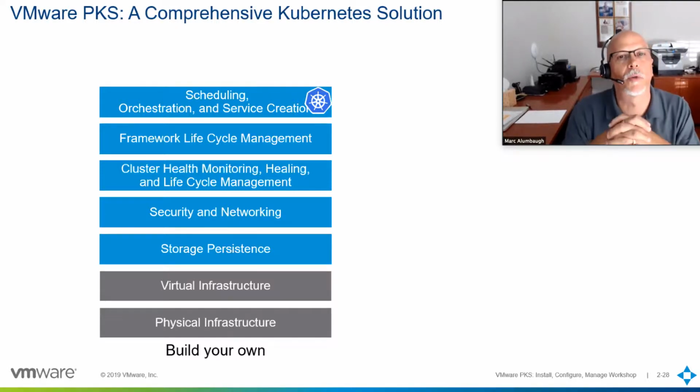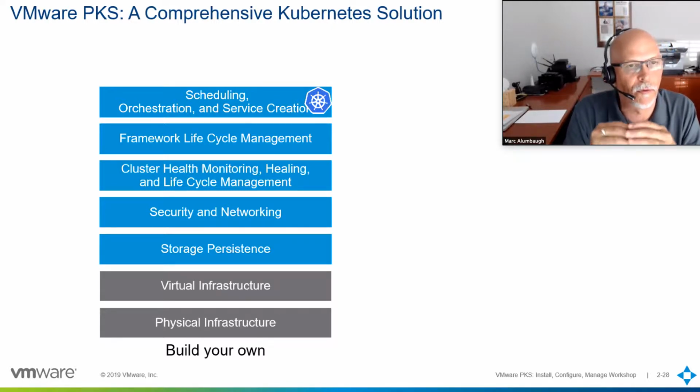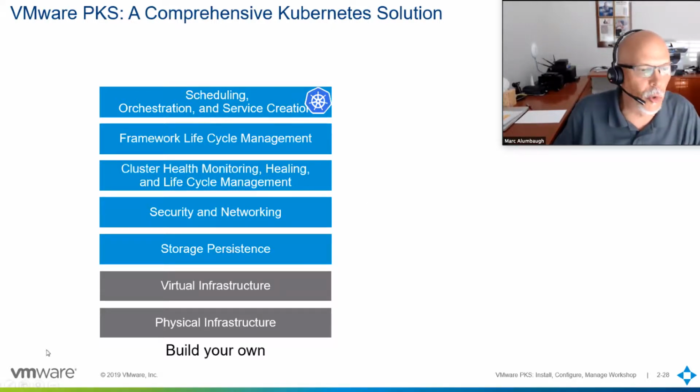Ultimately, Kubernetes sits here at the very top. The blue boxes from framework down to storage persistency, everything from here all the way down through here is stuff you're going to have to handle and manage. Kubernetes will fulfill the items inside this box.